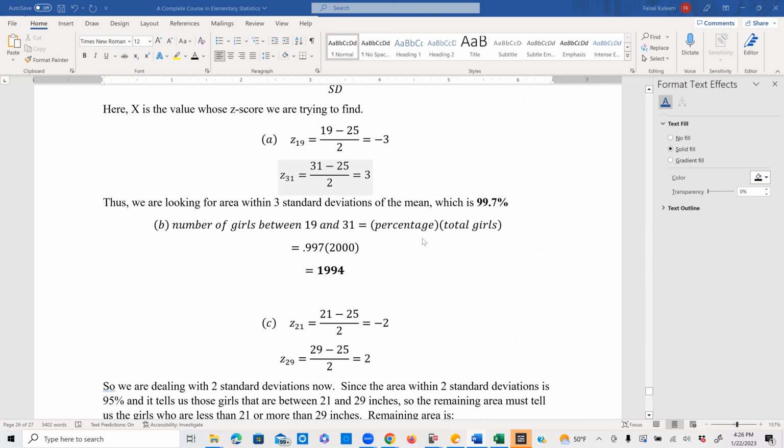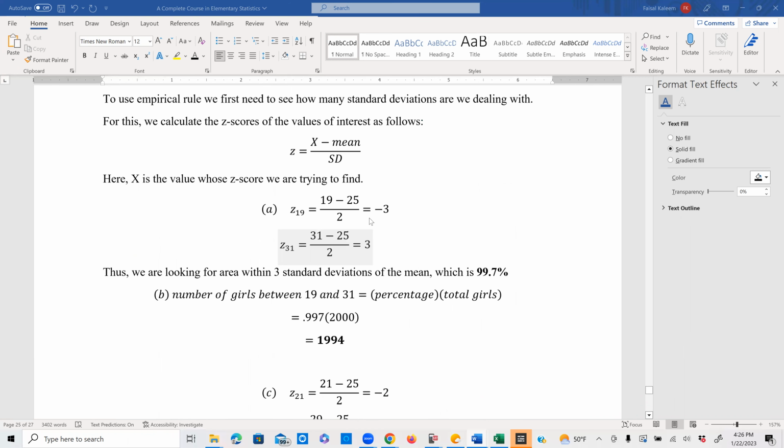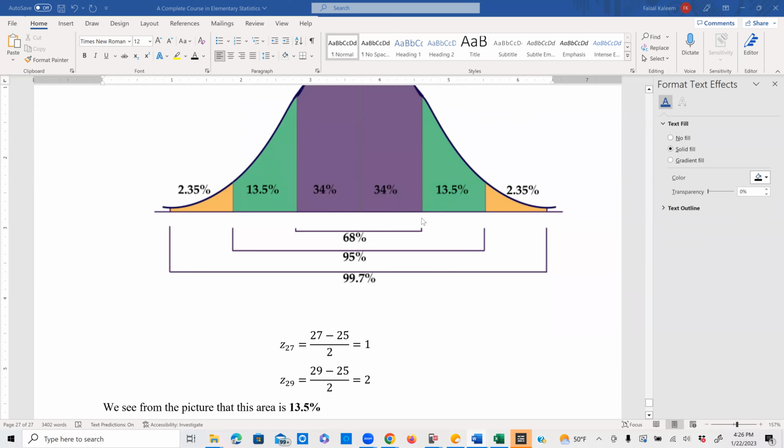So we were talking about between 27 and 29, so we will change them into z-scores. So z of 27 is 27 minus the mean over standard deviation, that's 1. Z of 29 would be 29 minus the mean over standard deviation, that's 2. So actually we're talking between 1 standard deviation and 2 standard deviations.